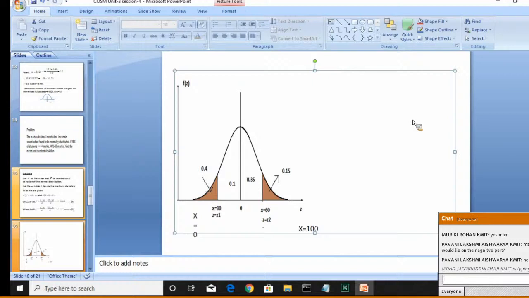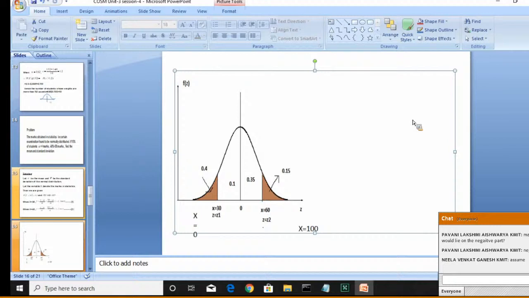Ma'am, how can you say x equal to 30 would lie on the negative part? Aishwarya, forget about Z and think about X. Our mark distribution will be from 0 to 100. So 50, the curve is symmetric about the y-axis. So half should be below that line, that means the y-axis, which we are assuming.